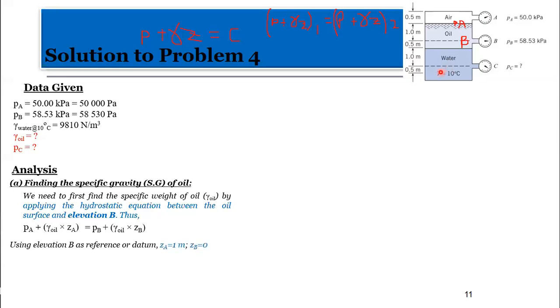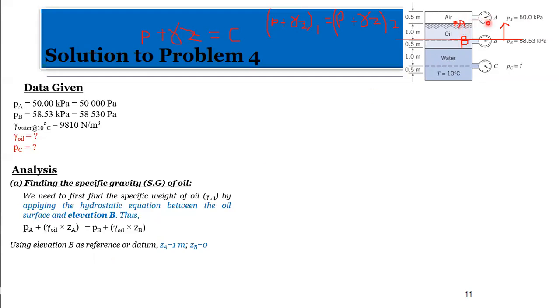If we use elevation B, this part here, as our reference, then from here to this surface we should be able to estimate that as ZA, and then ZB is actually the same level, right?